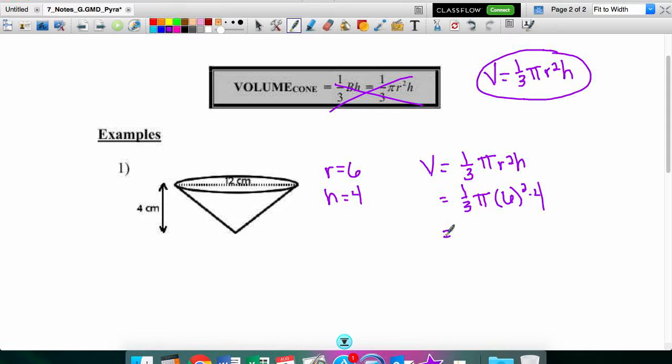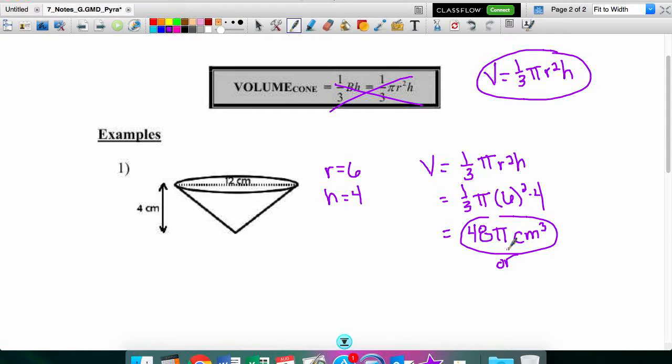All right, calculating. Let's see here. 6 squared is 36. 1/3 of 36 is 12, and 12 times 4 would give me a value of 48. I did not use the pi, so I have to tack it back on, and this would be my exact answer, 48 pi. And of course, centimeters cubed.